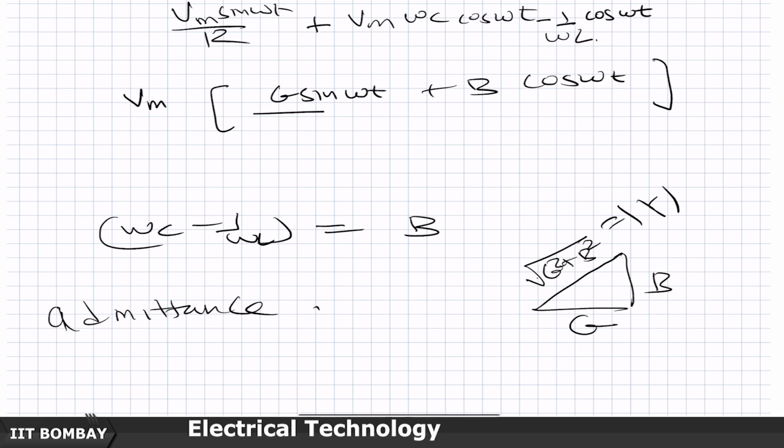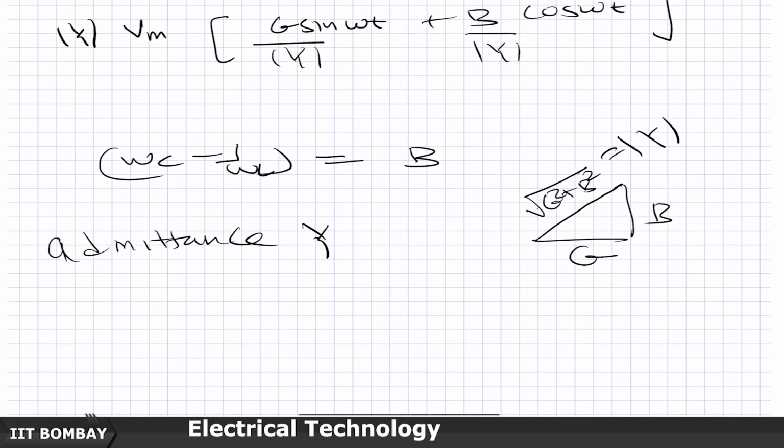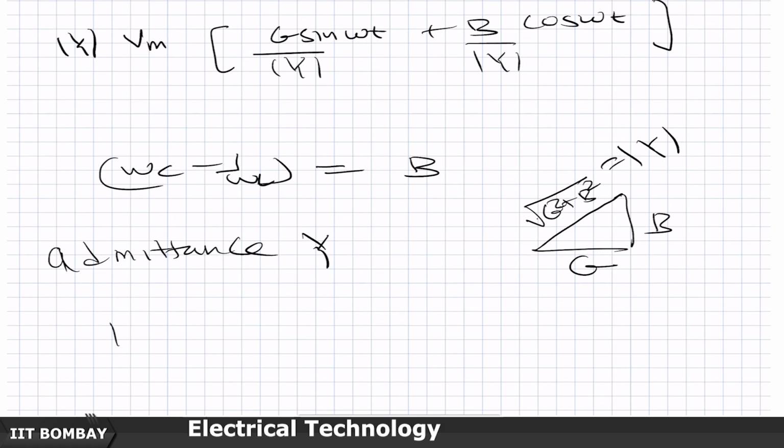The reciprocal of impedance is called admittance, and its symbol is Y, I think a preceding symbol to Z. And so I am going to divide by the magnitude of the admittance and multiply by the magnitude of the admittance, so as to keep everything proper and intact. Then let's call this theta.